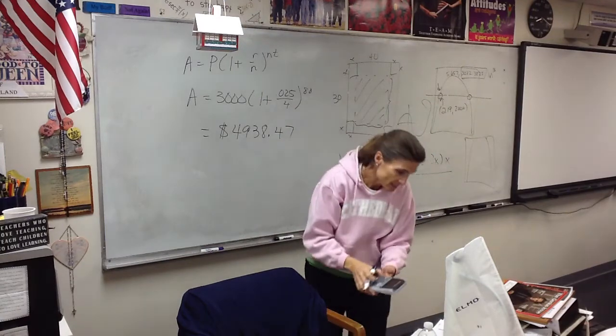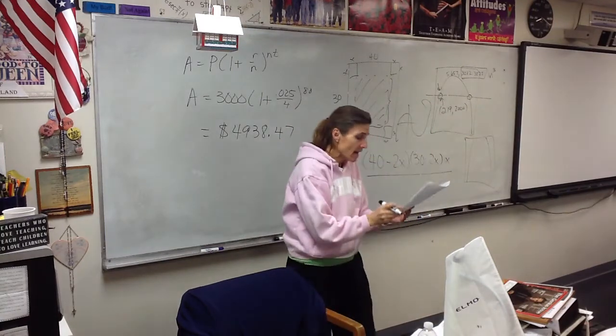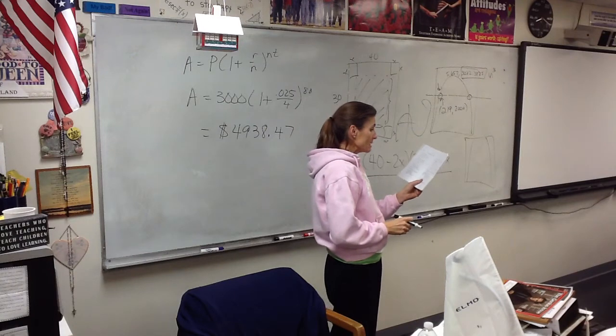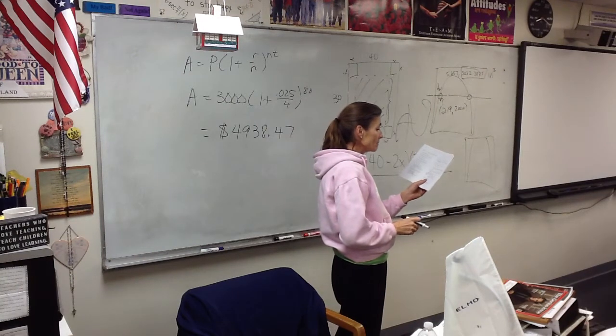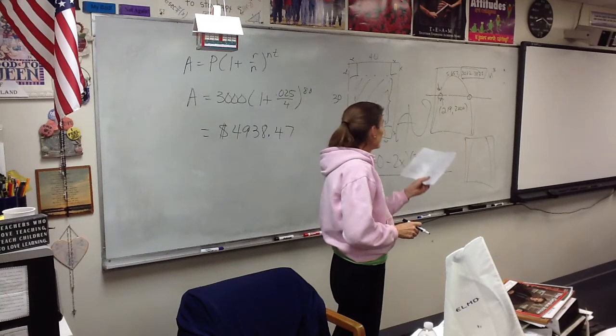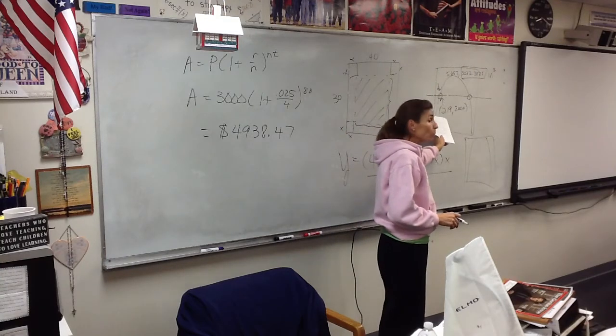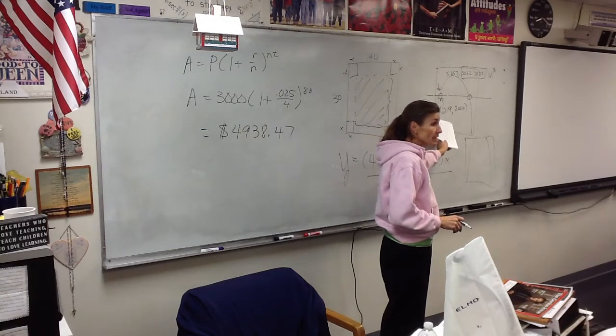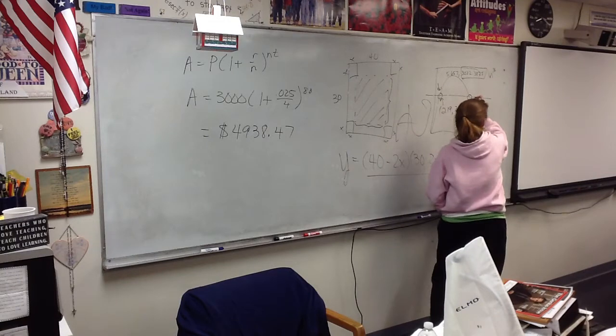So the question said, what size would the corners be to have a box with a volume of 2,000? Well, one answer would be 2.19 inches. And then you would do the same thing and find this one, right?